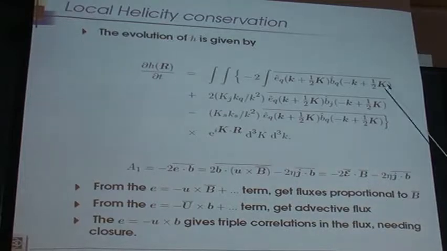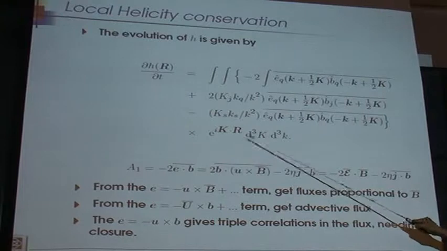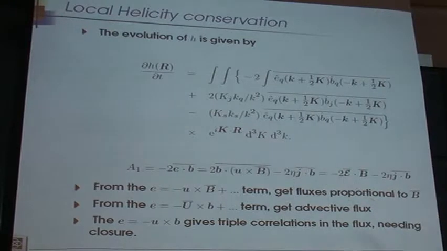So that has not gone out here. There's an integral over d cubed small k and capital K, but still a dependence on capital R. So firstly, this is the local helicity generation. Local generation of helicity density due to the turbulent electromotive force parallel to the mean magnetic field. And similarly, there is the local dissipation of the helicity density.